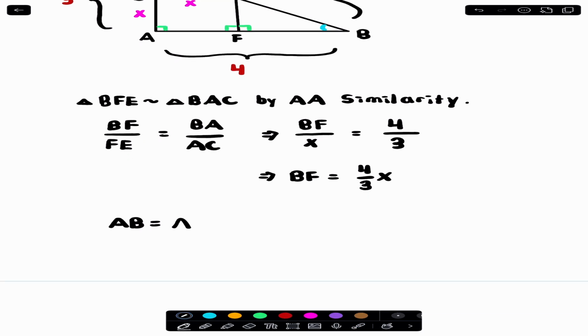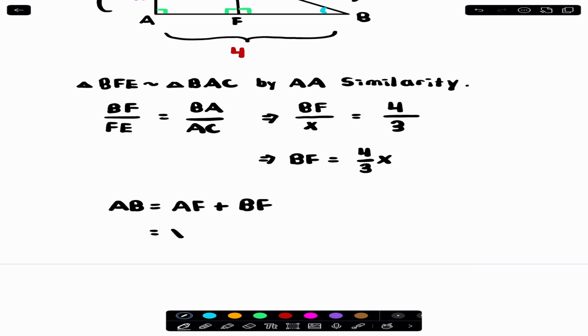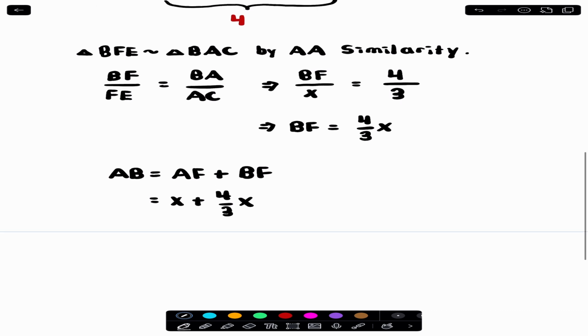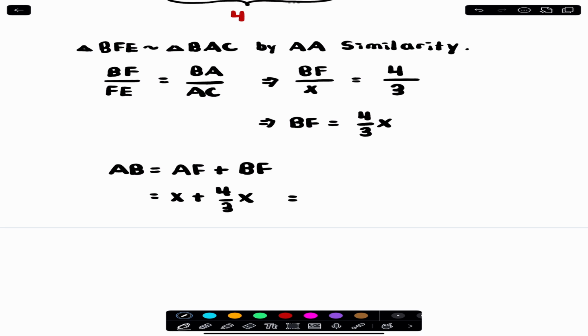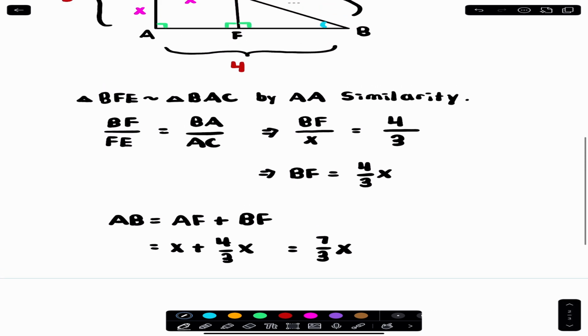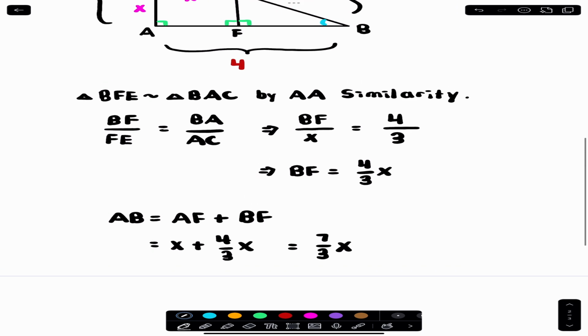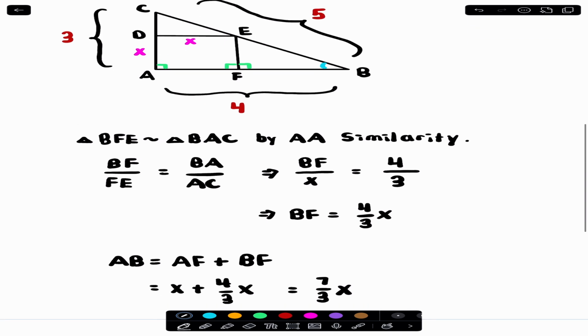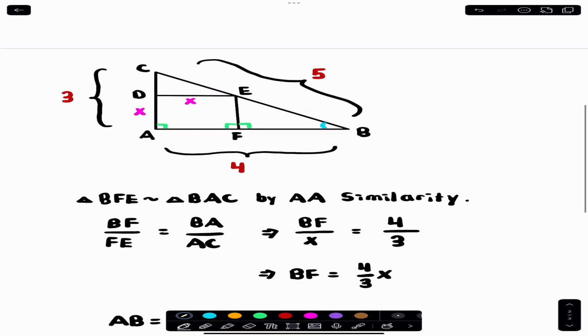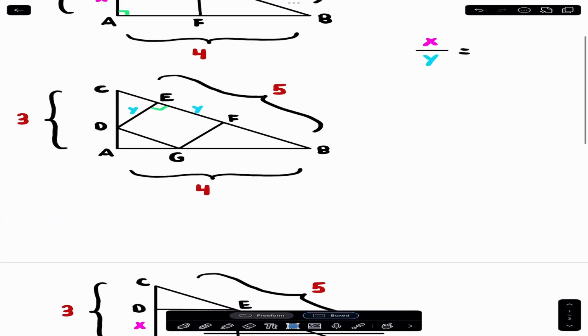AF is equal to a side length of the square, which we know is x. BF we found was 4 over 3x. So another way of saying AB is that it is equal to 7 over 3 times x. Let's keep this in mind. That's something worth noting. Maybe we can come back to it later.